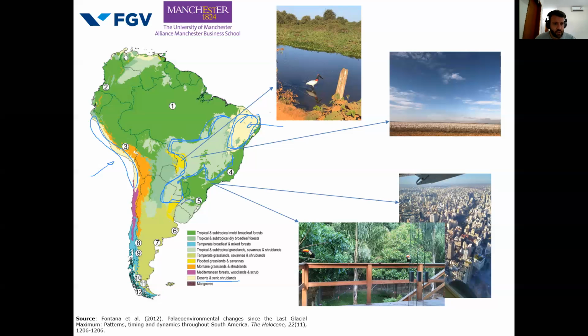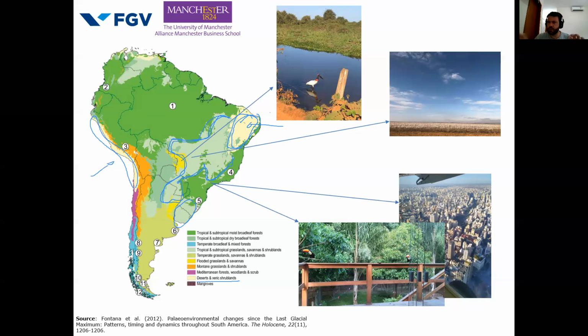Okay. Here in the south of Brazil, in Uruguay, we have what we say pampas, or flat fields. Okay, this is a very peculiar region where you have the absence of trees.